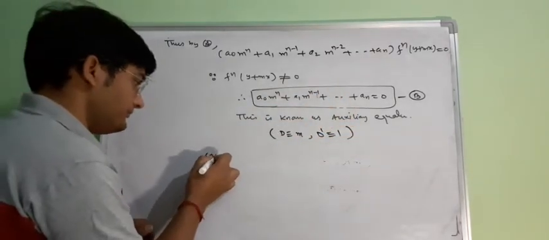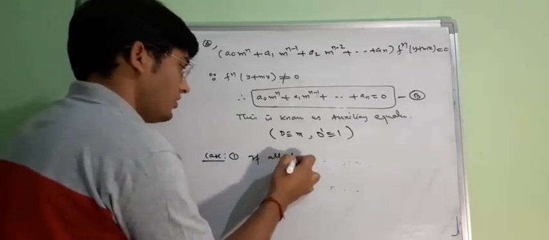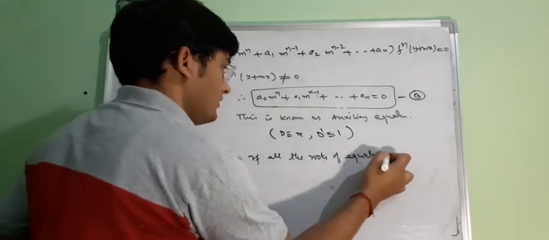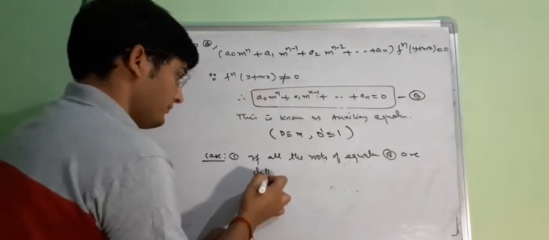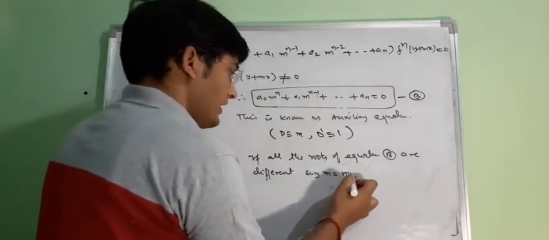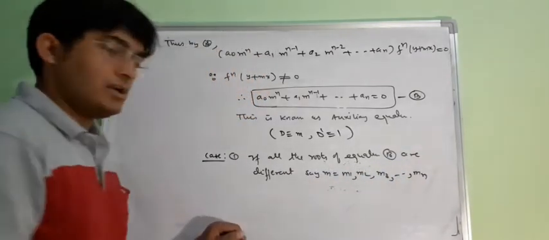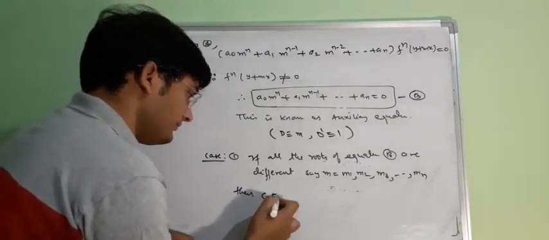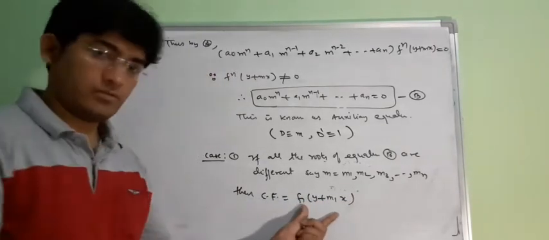Now case first, if all the roots of equation B are distinct, are different, say m equal to m1, m2, m3 and mn. Suppose that these are the n distinct roots, then our complementary function will be f1 y plus m1x, because this was your solution.